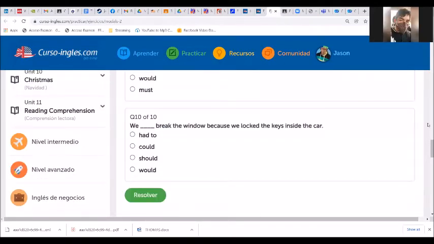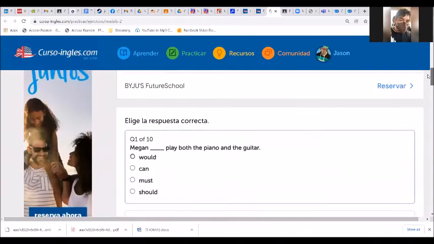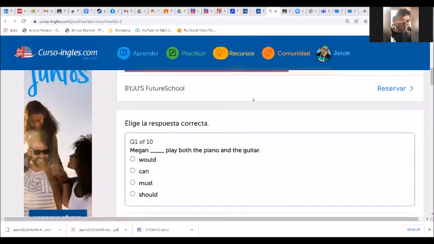Daniela. Megan should play with the piano and the guitar. Possible, but what about her abilities?